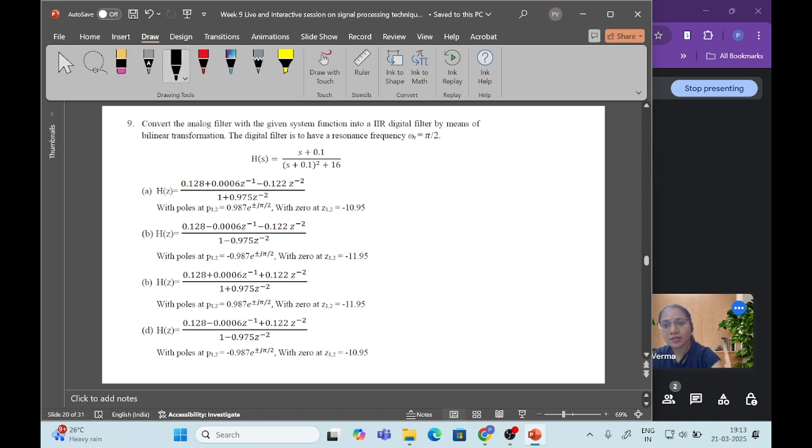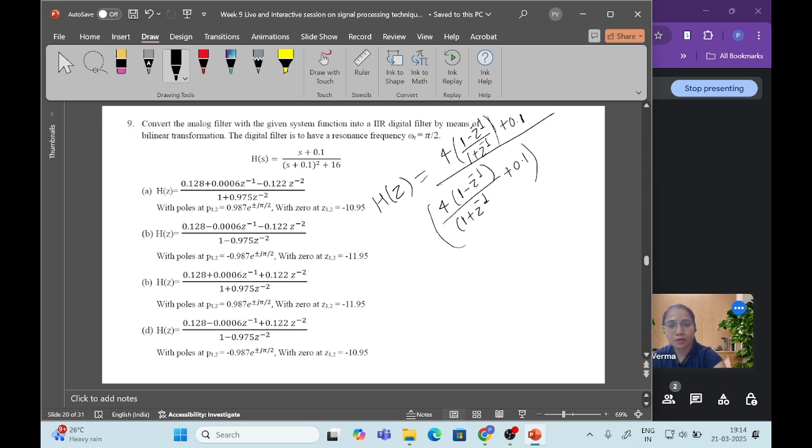So in place of s we need to put these values, to get H of z: 4 times (1 minus z inverse) divided by (1 plus z inverse) plus 0.1, divided by [4 times (1 minus z inverse) divided by (1 plus z inverse) plus 0.1] whole square plus 16. Now further calculate it.